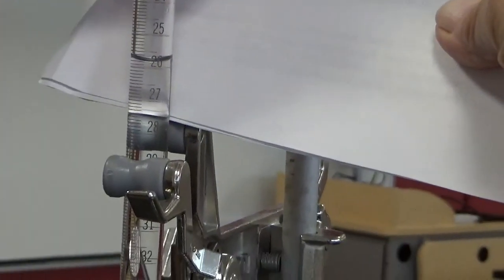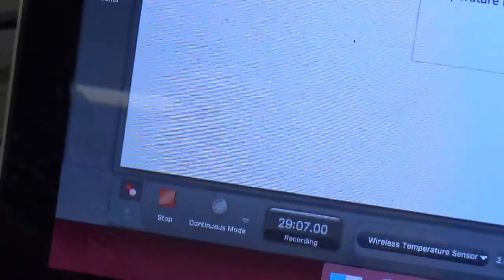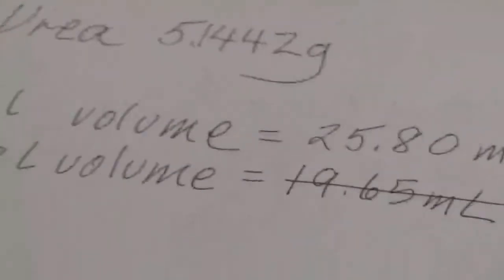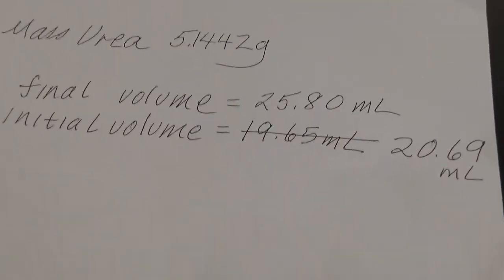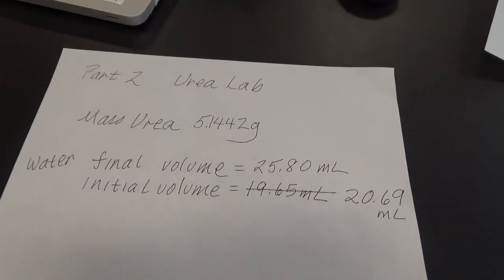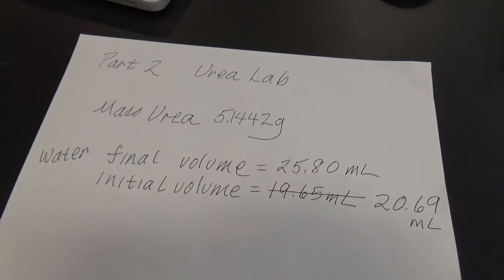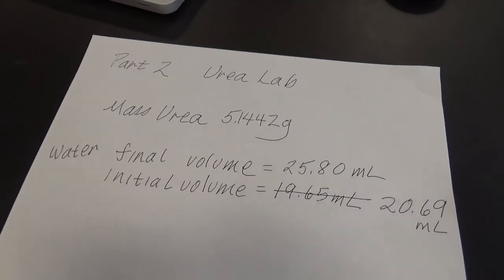I'd say it's 25.80. All right, so we have our data. We can figure out how much water was added. Convert the milliliters to liters. Convert the grams of urea to moles and find the molarity. That's it. That's going to be the equilibrium constant.